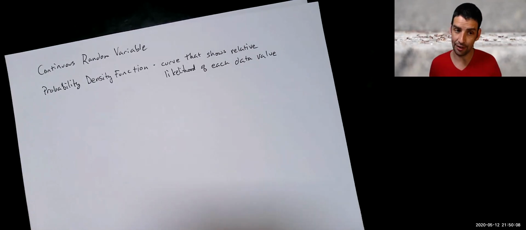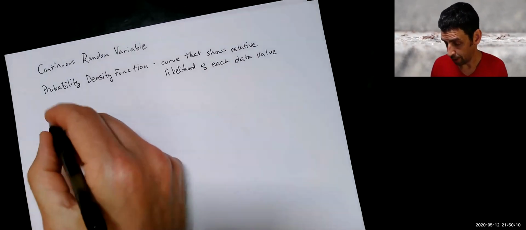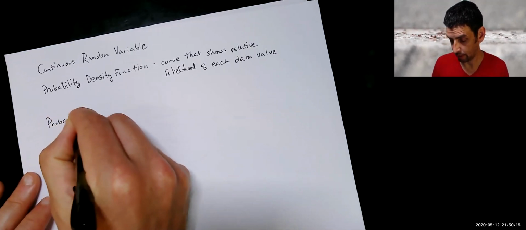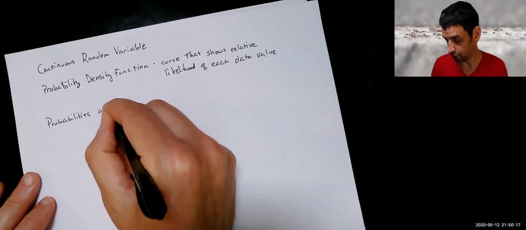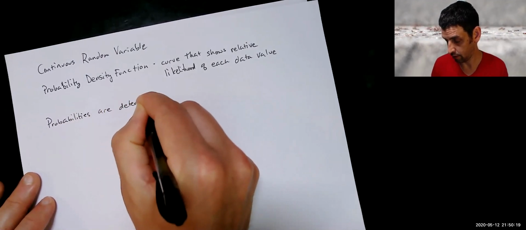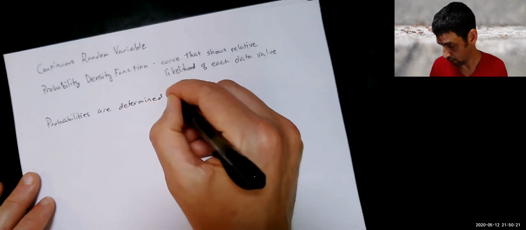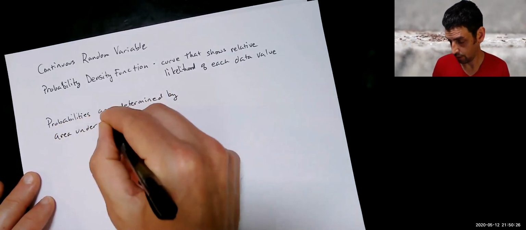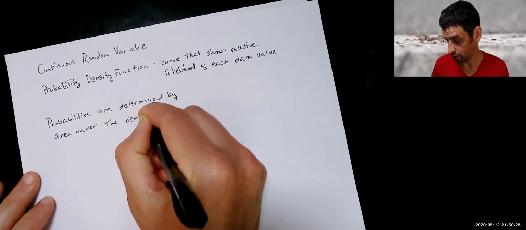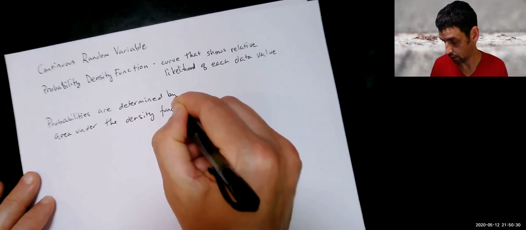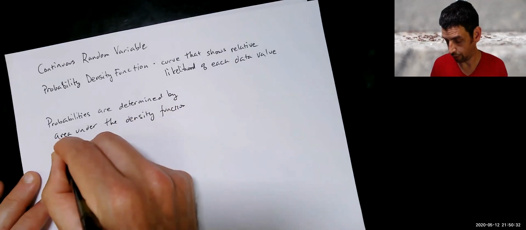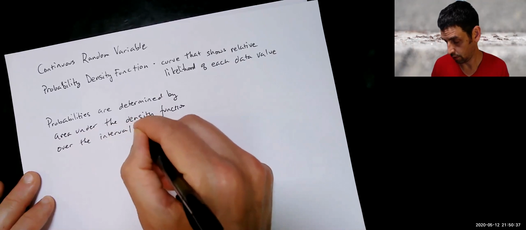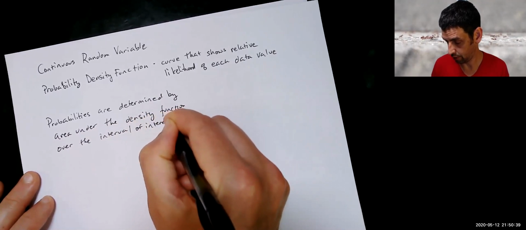It doesn't give us the values of probability. The probabilities are determined by area under the density function over the interval of interest.